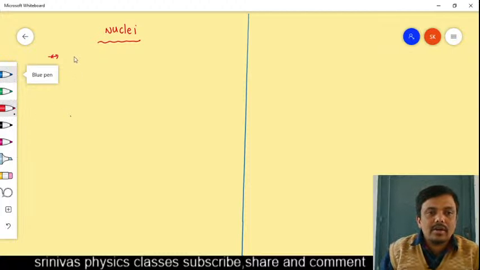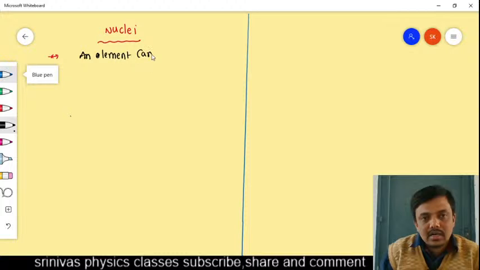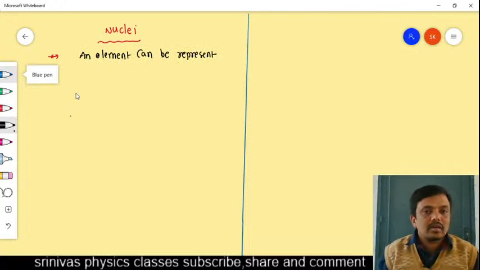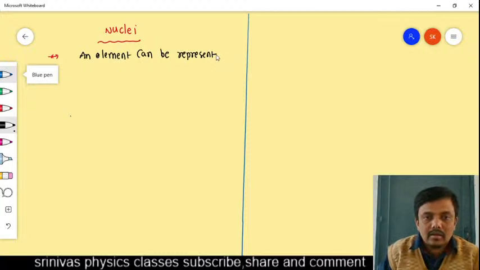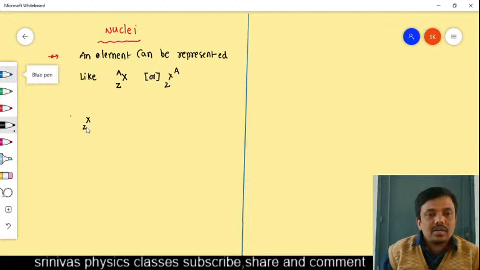For example, any element you are taking can be represented like this: X with Z and A, or otherwise we can also write it as Z X A. This is an element. You see here we wrote something, Z X A.